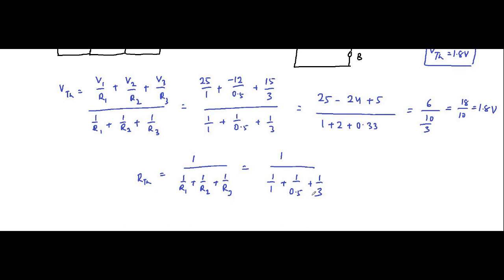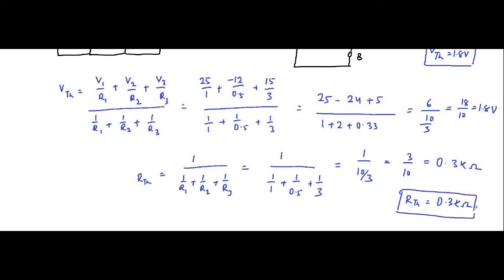That is 1 divided by 10 by 3, which is 3 by 10, or 0.3 kilo ohm. So RTH is equal to 0.3 kilo ohm.